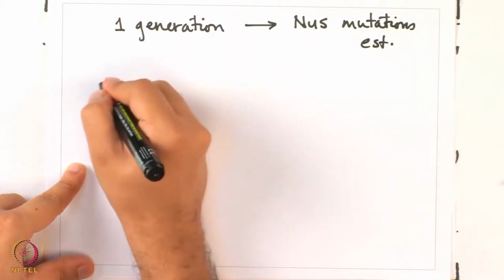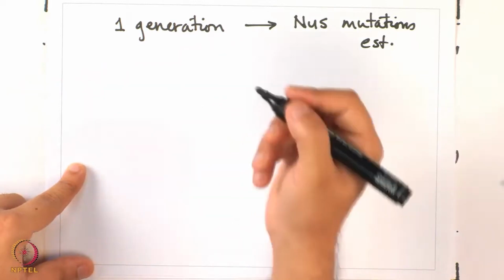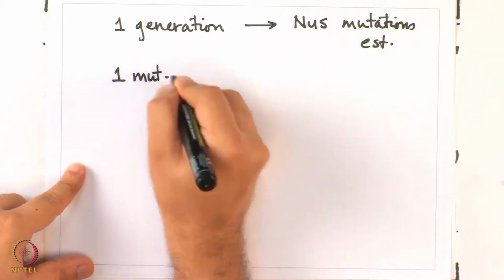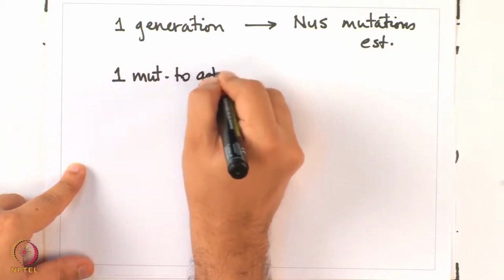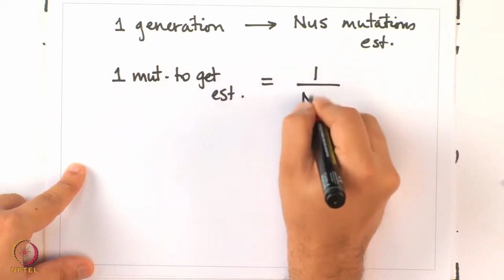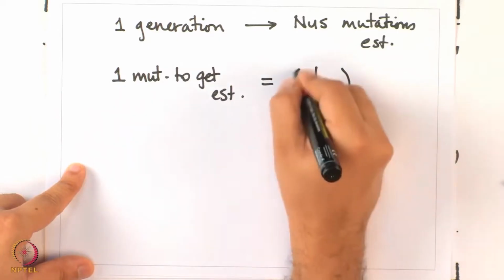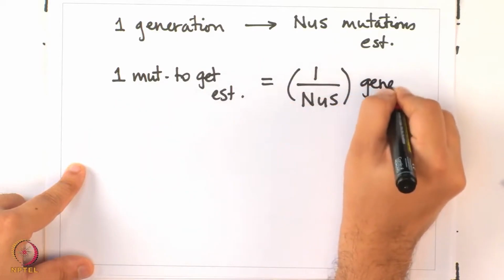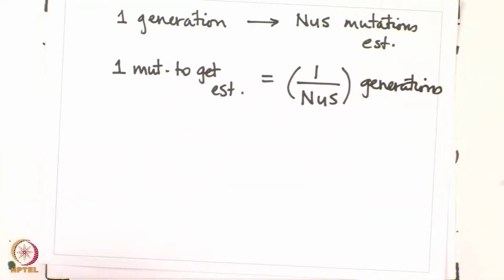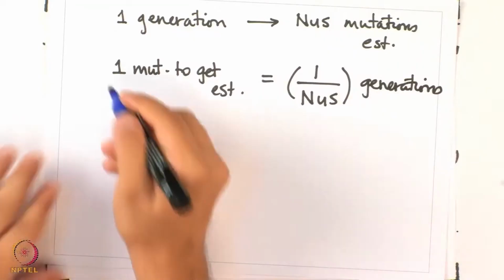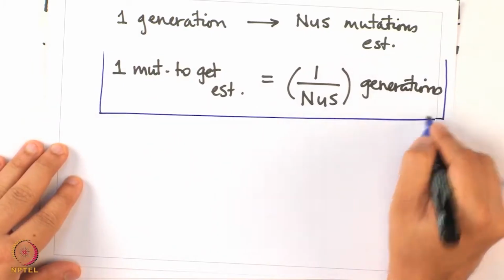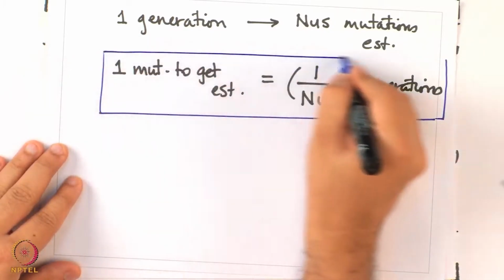That means what I am interested in is how much time do I have to wait for one mutation to get established. That is just going to be equal to 1 upon n mu S number of generations.